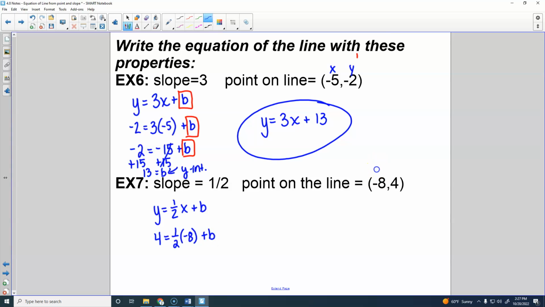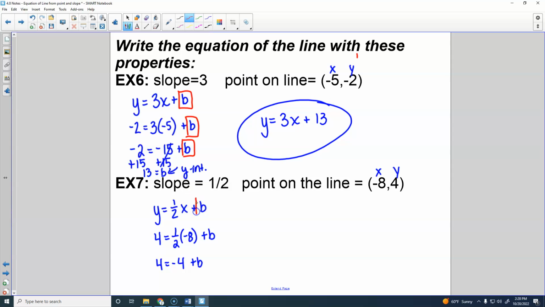All right, because we're plugging in, this is my x-coordinate, and this is my y-coordinate. What am I going to get after that, Kaylee? Good. And what do I get when I do half of -8? -4. So I'll have 4 equals -4 plus b.